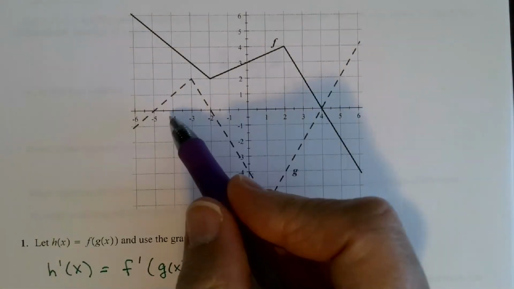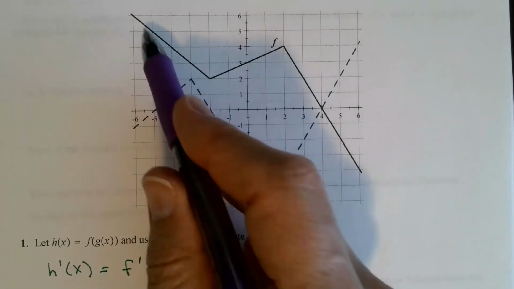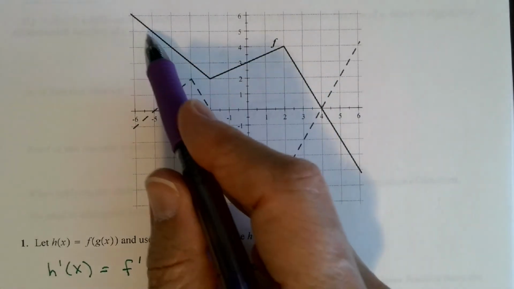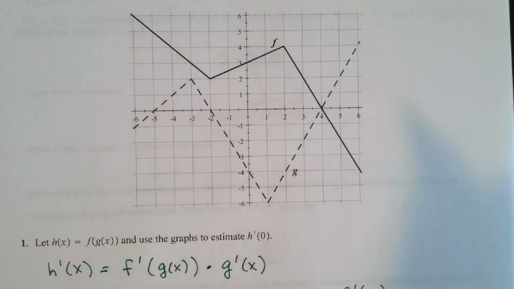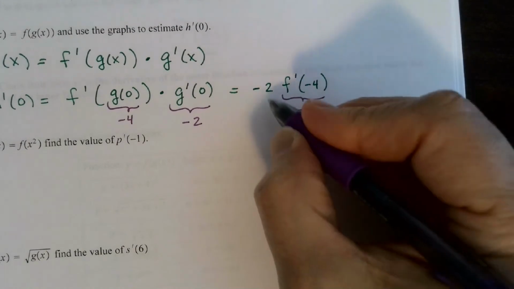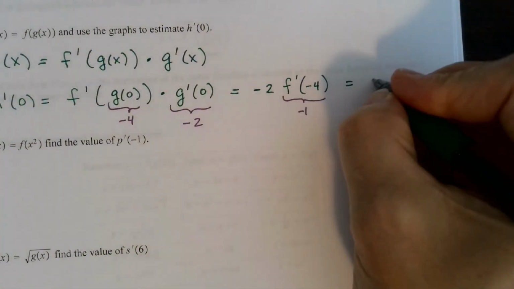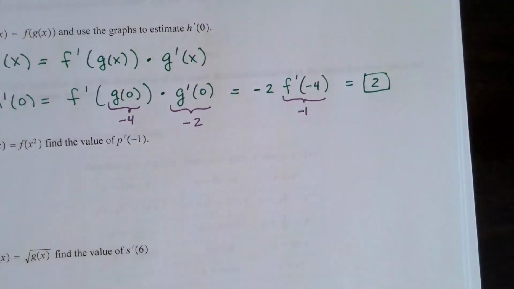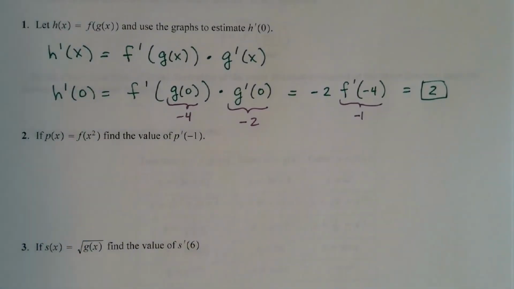What is the slope of this line? I hope you're saying it's negative 1, right? Down 1 over 1. Yeah, it's negative 1. So now I just multiply negative 2 times negative 1 gives me positive 2. So there's my answer. Let's try a couple more.